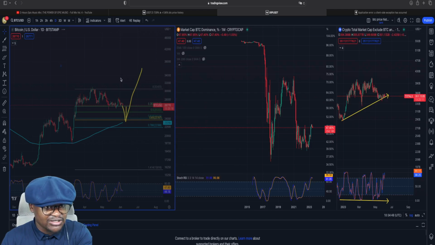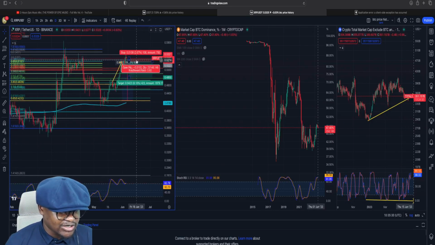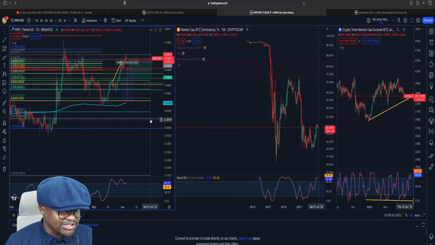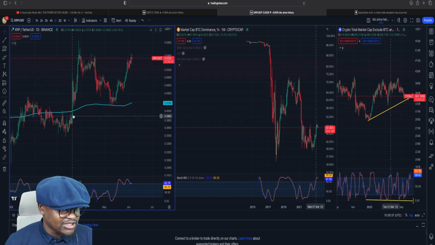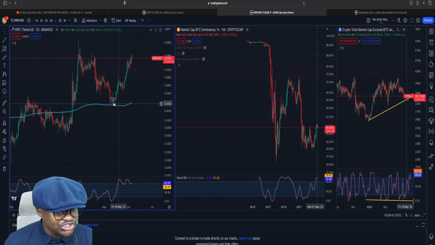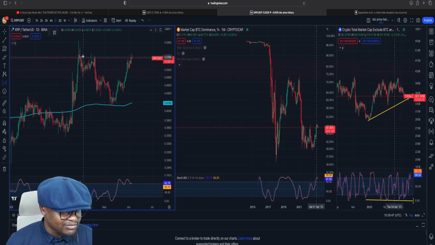Where is XRP? This is XRP, and XRP is now up here. We did talk about this. We said on this channel that from this region down here, if you take your Fibonacci, XRP should be bouncing down here. Now look at how long XRP took for that to happen.